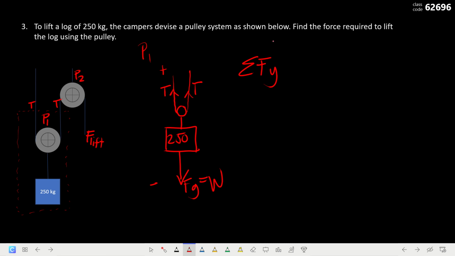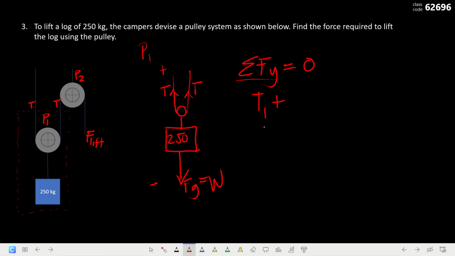Since this is initially at rest, we assume that this is equal to 0. Let's look for the equation for our summation of forces along y. What are the forces acting along the y-axis? We have two tension forces, and they are both positive.